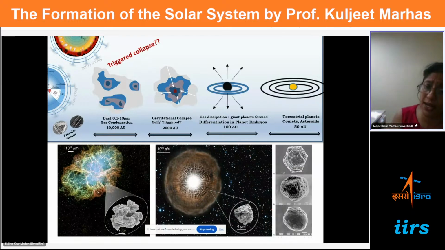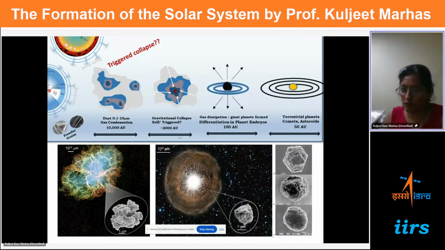This has been done at PRL itself. We have used the 41 calcium isotope to say that probably it's a triggered collapse and the triggering is from a supernova. There is much work involved in this, but that's one of the best papers communicated from PRL, which talks about triggered collapse from short-lived radionuclides.